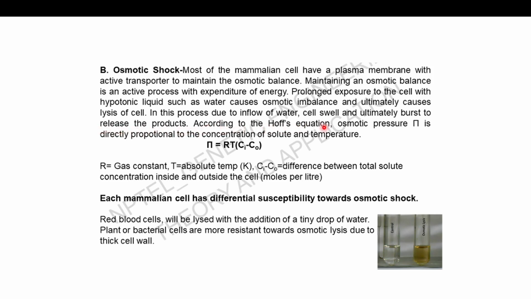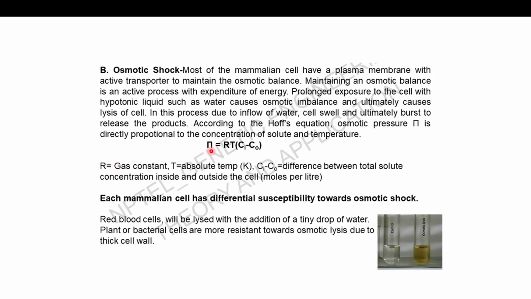Now, this is the van 't Hoff equation wherein you can get osmotic pressure, which is pi here. The osmotic pressure is directly proportional to the concentration of solute and the temperature. The higher the concentration of solute, the more water will gush in, right? Move inside the cells, definitely. And temperature also.